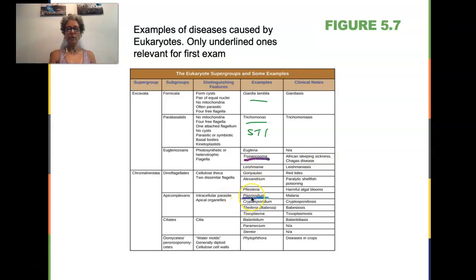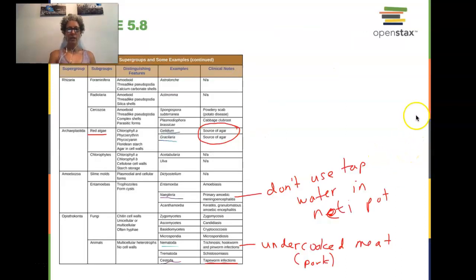And the Plasmodium we saw in the introduction of this chapter, the Plasmodium falciparum that causes malaria. Many other diseases, we will be studying those in the future, but just to start getting our minds around some important eukaryotic microbes. I've underlined 4 on this slide and let's see, 3 on this one.